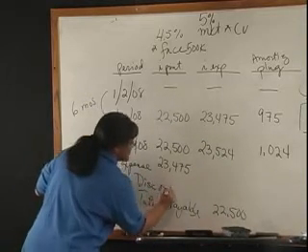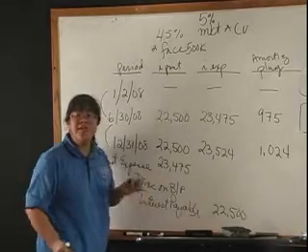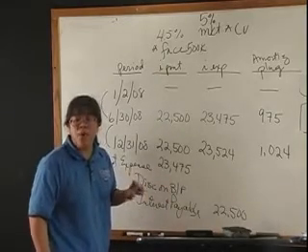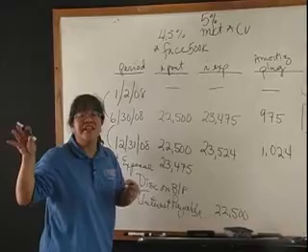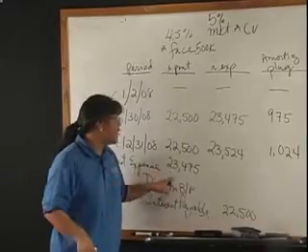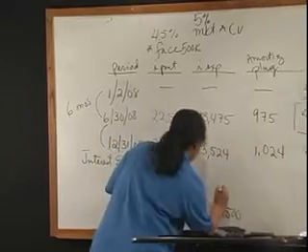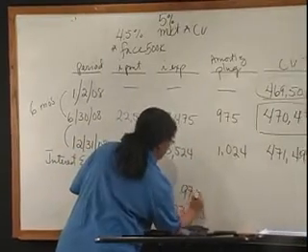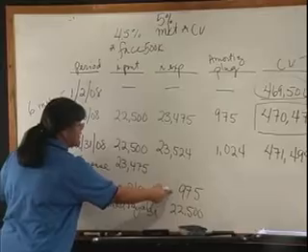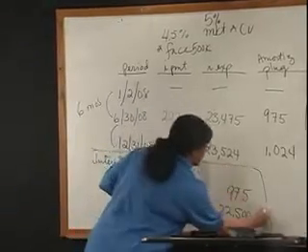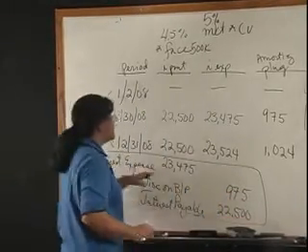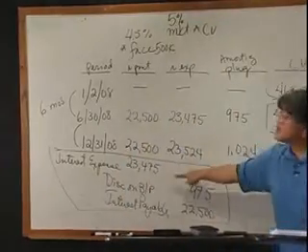Remember, discount on bonds payable is a contra liability account. Has a normal balance of what? Debit, because it's contra liability. To amortize it, I would have to credit it. All right? So I'm crediting the discount for the $975 here, because the $22,500 plus the $975 is going to give me the $23,475. Okay, so that's what's going on with the journal entry.